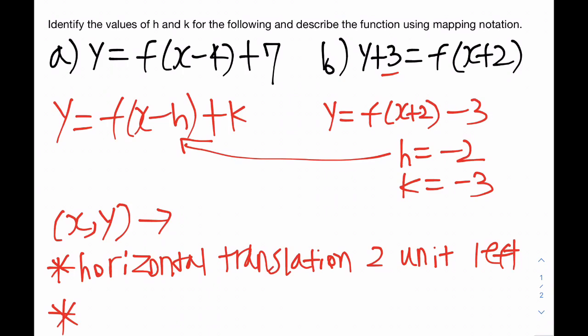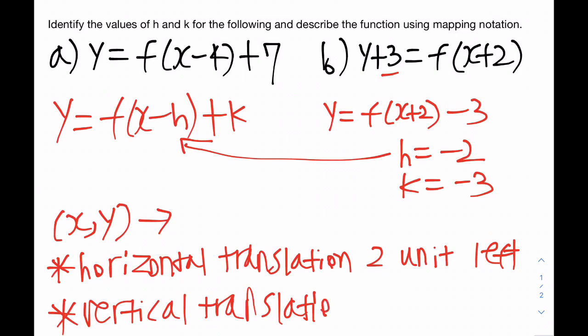So it goes 2 units to the left. And we will also have a vertical translation, and that will be 3 units down because it's negative. All right, so these are our translations.